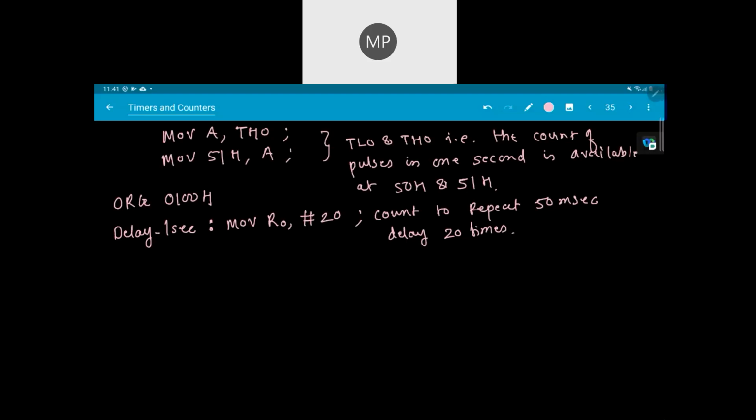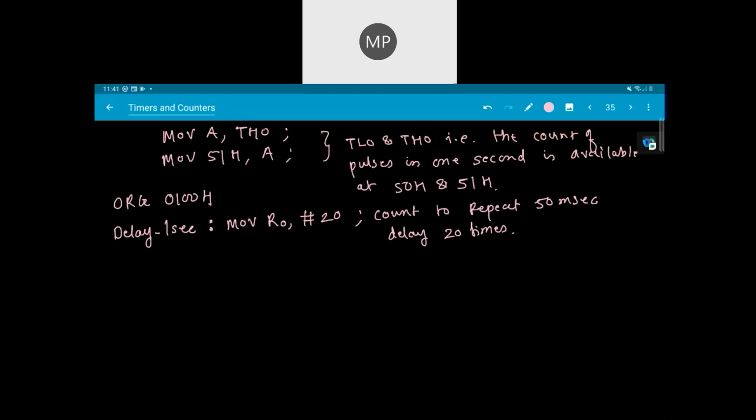Once we wrote the program, after a few days when we revisit that code, we won't understand. So if there are comments, it will be easy to understand and remember what values we have selected and why we have selected them, right? So R0 we have selected as 20. This is to repeat the 50 millisecond delay 20 times. Okay, that means we will be getting a 1 second delay.